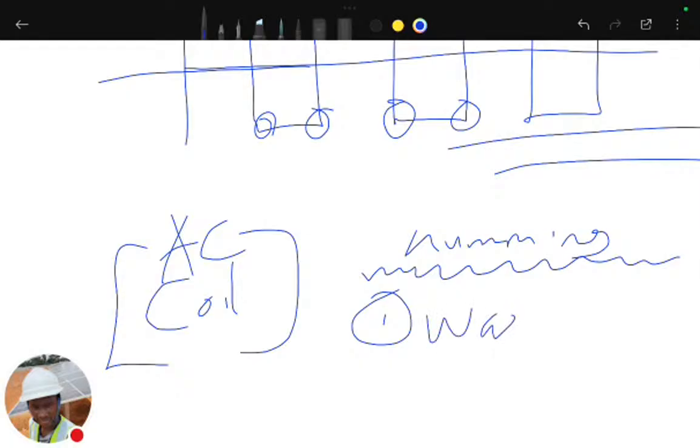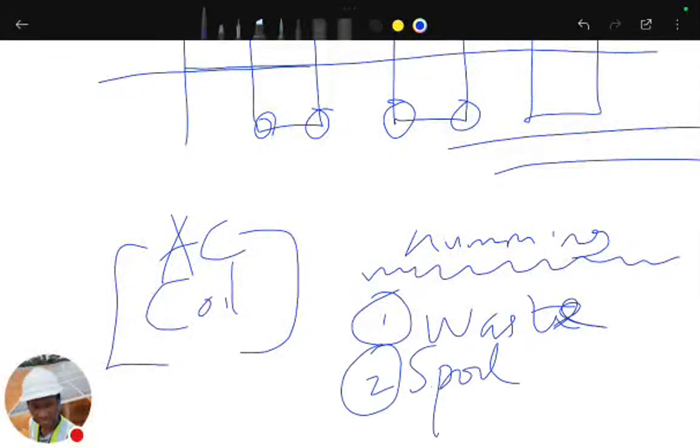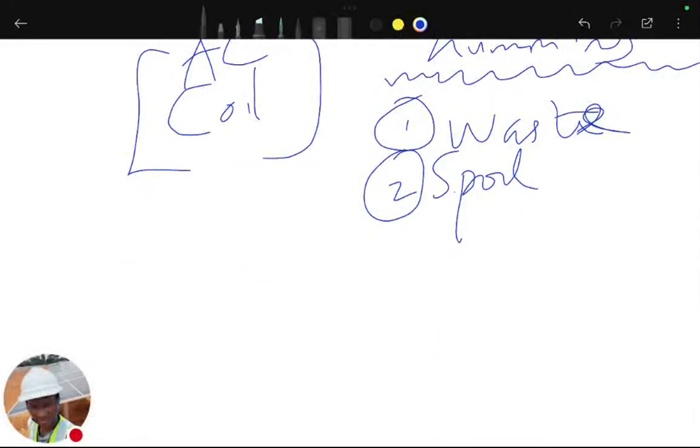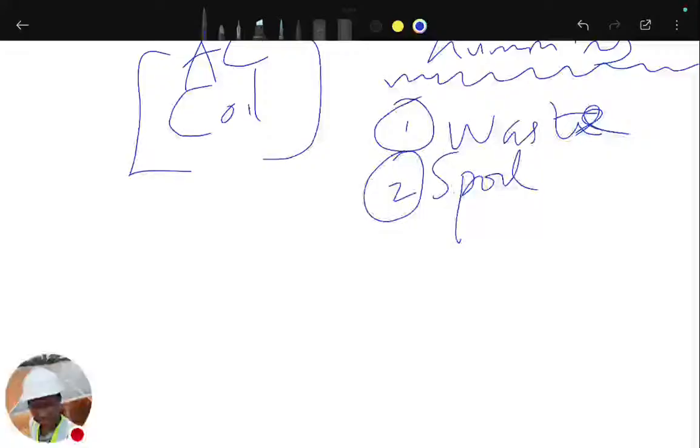First, it wastes power. That sound is a form of wastage. Two, it can spoil the device, because that sound is going to build up heat, and being subjected to that excessive heat continuously can spoil the device.